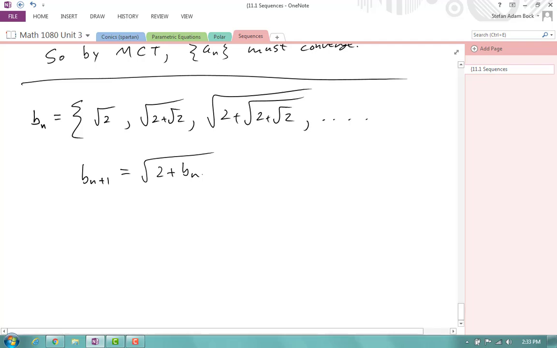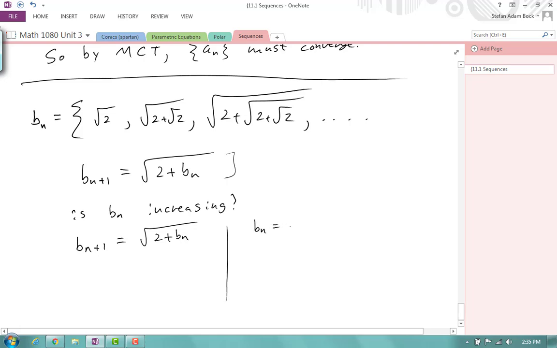So first I want to find out if it's increasing or decreasing. It looks to me like this is an increasing sequence. It'll actually be pretty easy to tell, because I won't be using the definition of the terms exactly, but b sub n plus 1 is equal to the square root of 2 plus b sub n, whereas b sub n is equal to the square root of 2 plus b sub n minus 1.